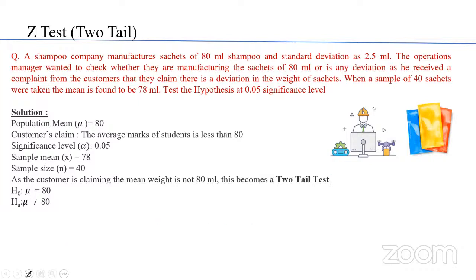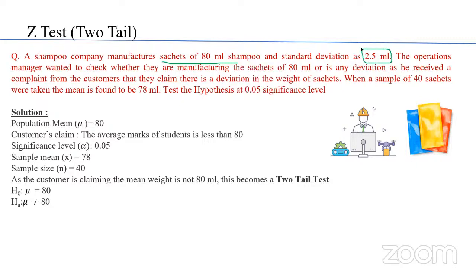Fine. Now a student asked how do you differentiate a two-tailed test, or how do you differentiate a left-tailed test and a right-tailed test? You can answer that by saying there is a shampoo company which manufactures shampoo sachets of 80 ml, with a standard deviation of 2.5 ml.